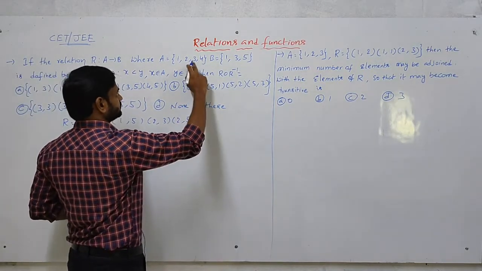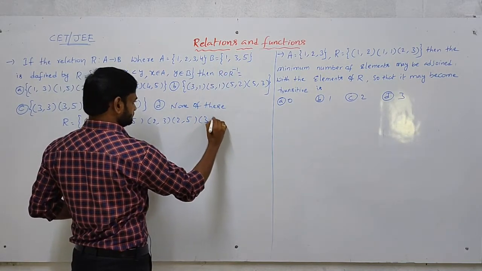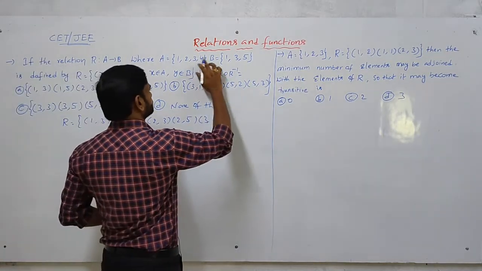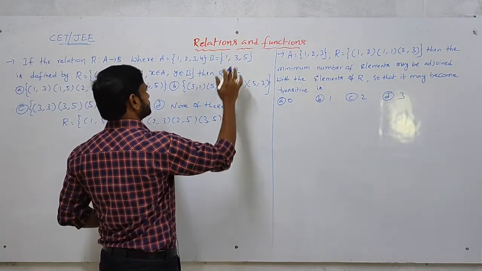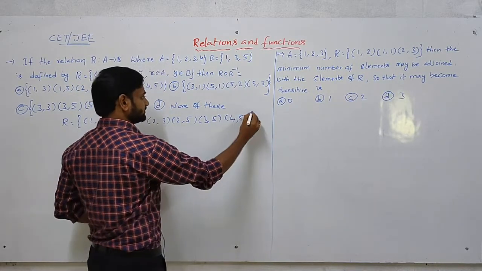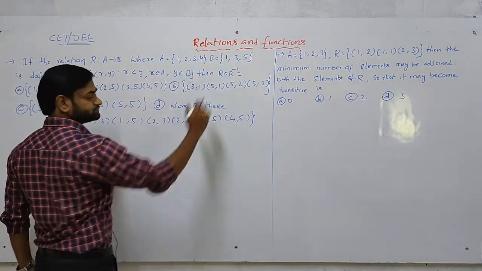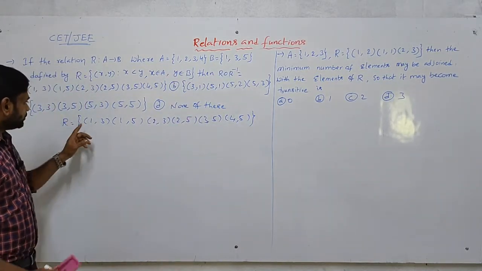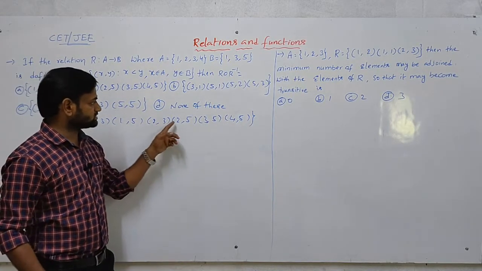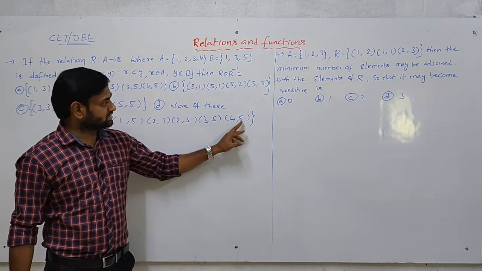Now, with 2 complete, with 3: 3 1, no; 3 3, no; 3 5, 3 is less than 5. Next, 4 1 not possible, 4 3 not possible, 4 5 that's possible. 4 is less than 5, correct. Close this. All elements completed here. So, 1 less than 3, correct. 1 less than 5, correct. 2 less than 3, correct. 2 less than 5, correct. 3 less than 5, correct. 4 less than 5, correct.